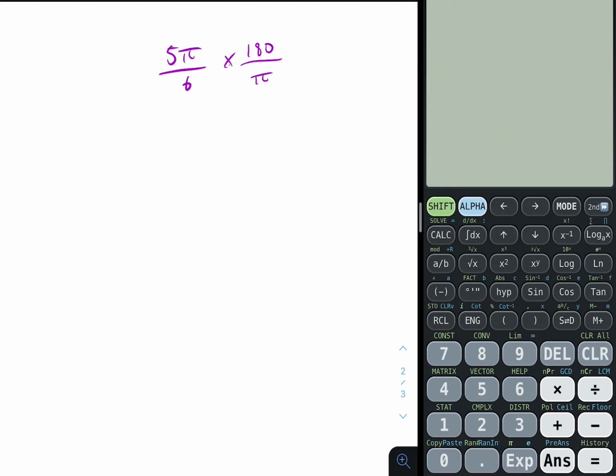So 5 pi divided by 6 multiplied by 180 divided by pi, right? Which is equal to 150 degrees.